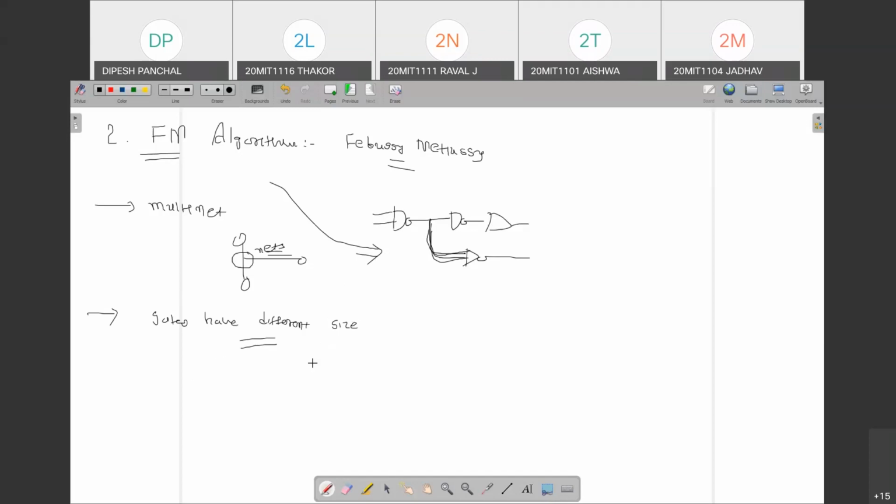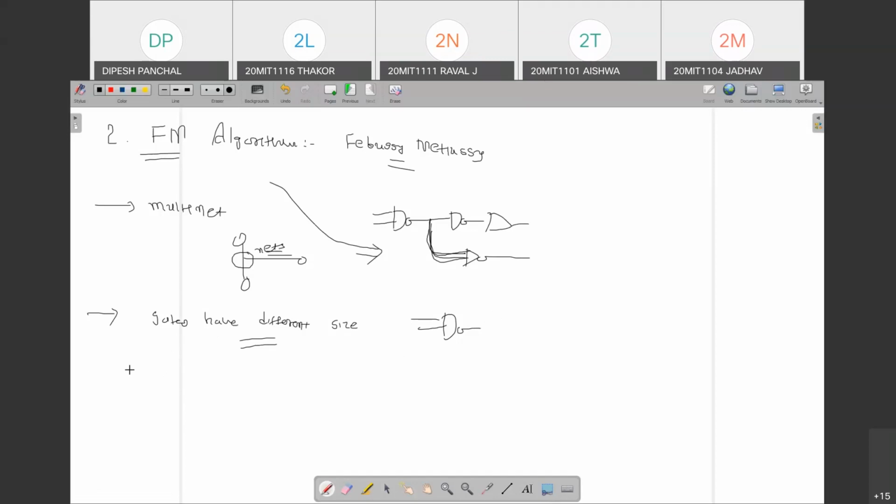This is also a more realistic situation. You don't have any digital design where only one gate is used. We have multiple varieties, maybe OR gate, NOR gate, whose size is different. Even NAND to NAND gate sizes are different, depending on area, power, speed constraints. So you can take gates of different sizes and you can do the partitioning. So these are the main two features we are going to see for this algorithm.